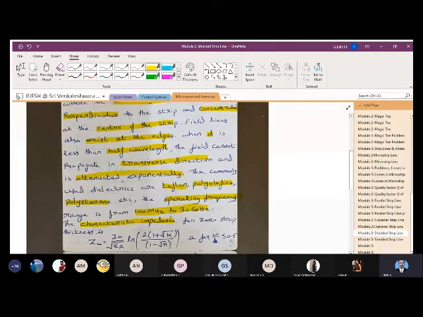You need to find the W by D ratio, and if the W by D ratio is less than 0.5, then you can say it is a zero strip thickness material, and you can find the characteristic impedance using this equation: Z0 is equal to 30 divided by root of epsilon r, ln 2 into 1 plus root k divided by 1 minus root k.